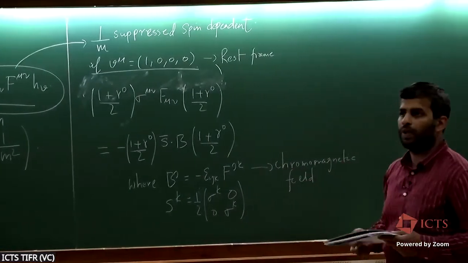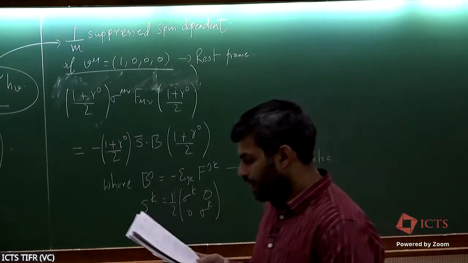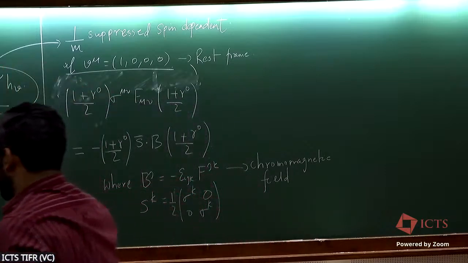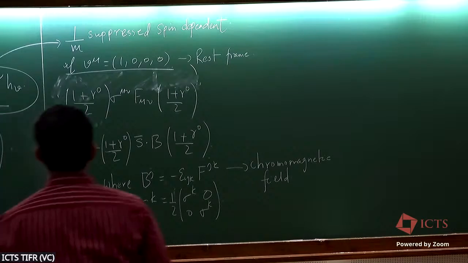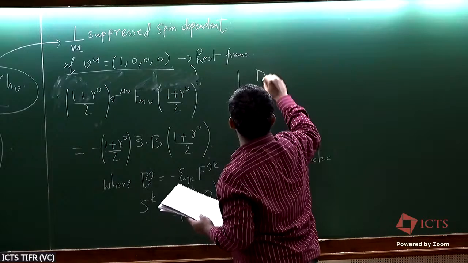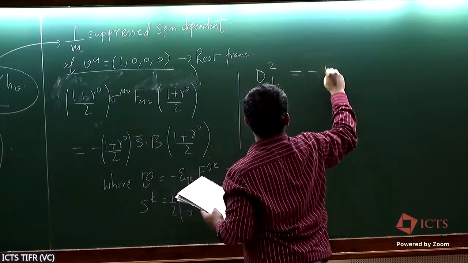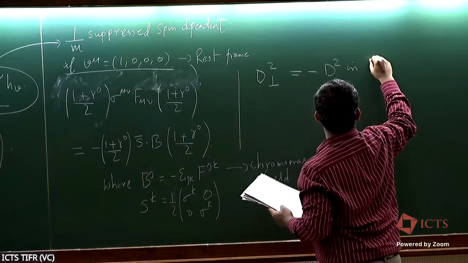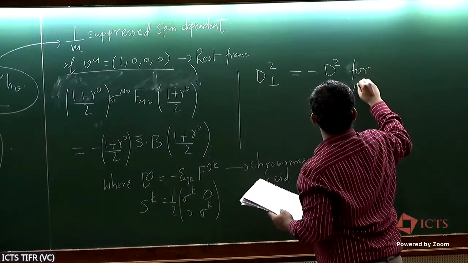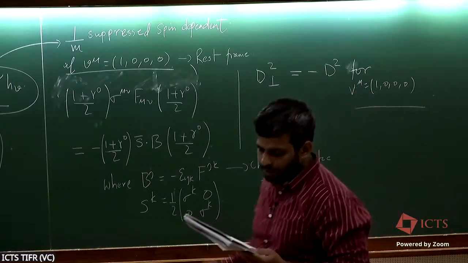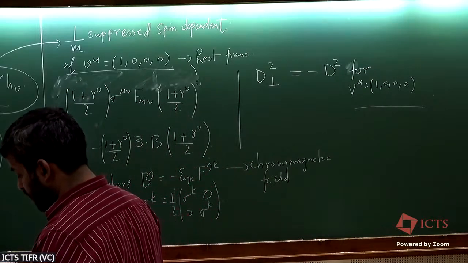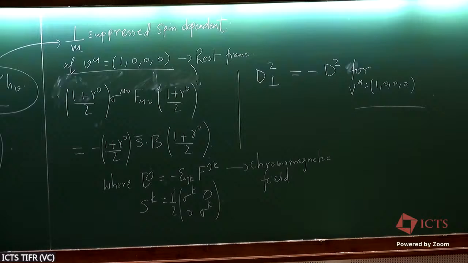And this is my spin of the heavy quark that I have already defined. And d perp square is minus d square for v mu equals 1, 0, 0, 0. I leave all these identities for you to derive. So, okay, is everything clear up to this point? Okay.